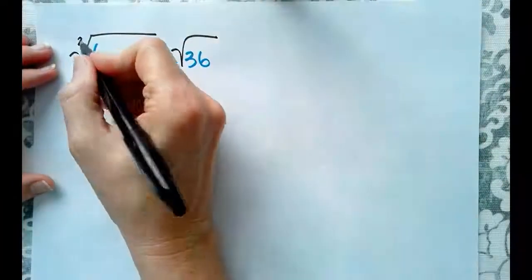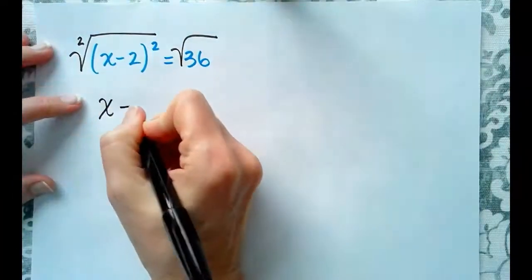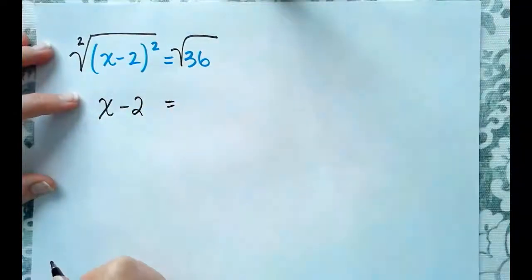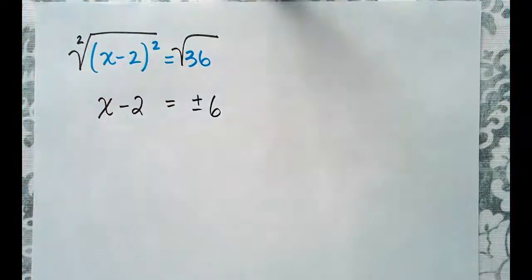The square root is going to undo the square. So we get x minus 2. The square root of 36 is plus or minus 6. And yes, whenever we're solving equations, we will consider the principal root as well as the negative root because we're looking for every possible solution that will make the equation true.